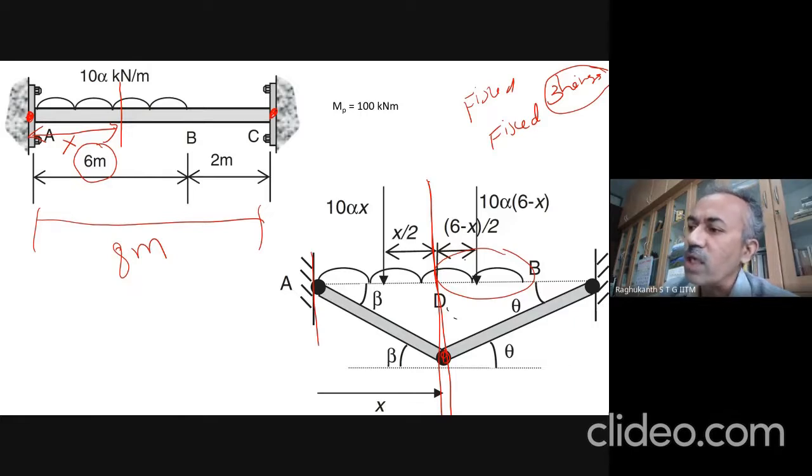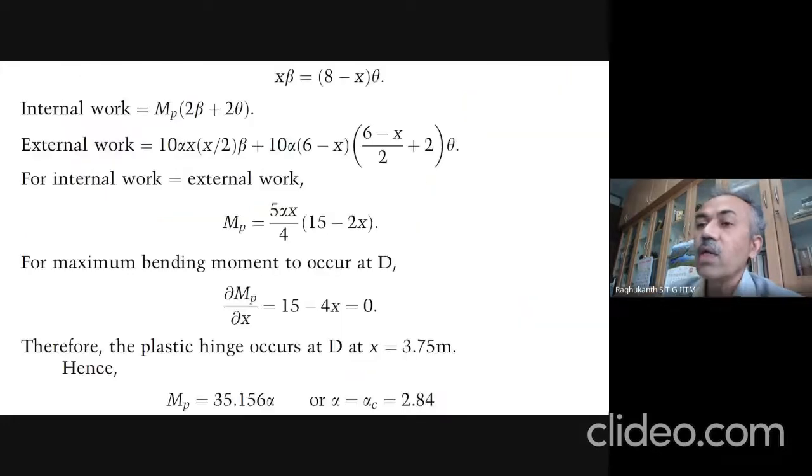And this other load you replace by a concentrated load, 10 alpha into 6 minus x, since the UDL acts over 6 meters in total and x is here, so this portion is 6 minus x. Now you have to find the deflection here so that you can calculate the work done.